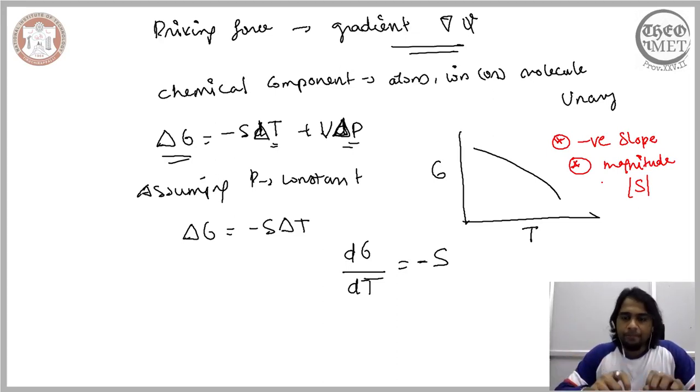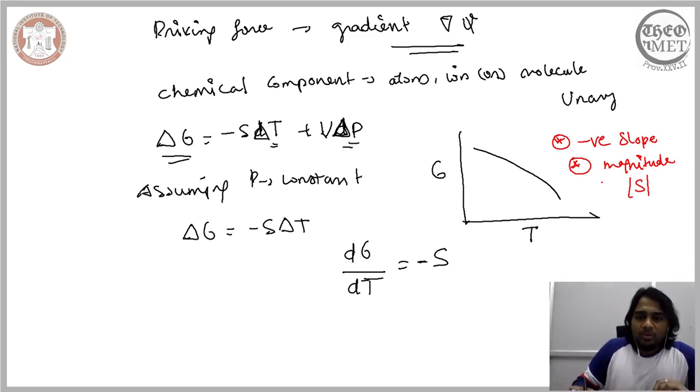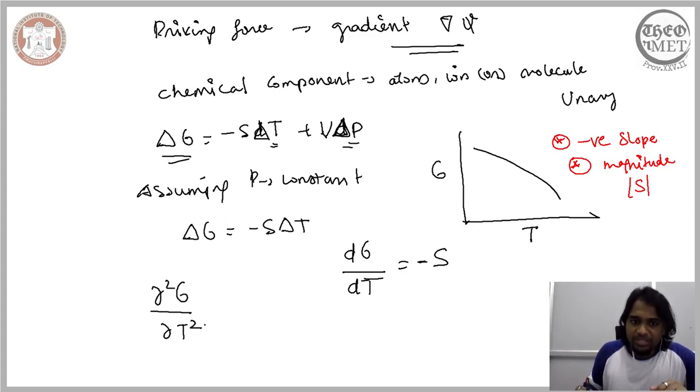Now when you consider the second derivative of the Gibbs free energy with respect to temperature, this would be equal to minus the change in the entropy with respect to temperature, and this expression can be related to one material constant.